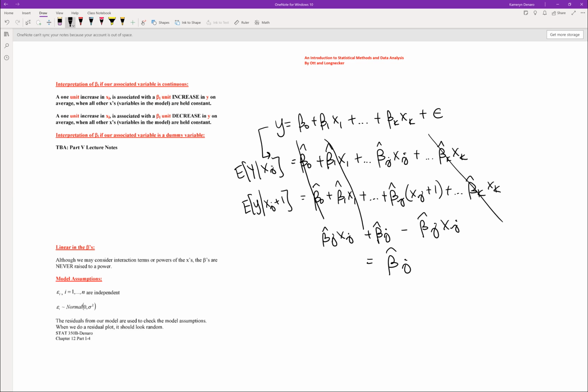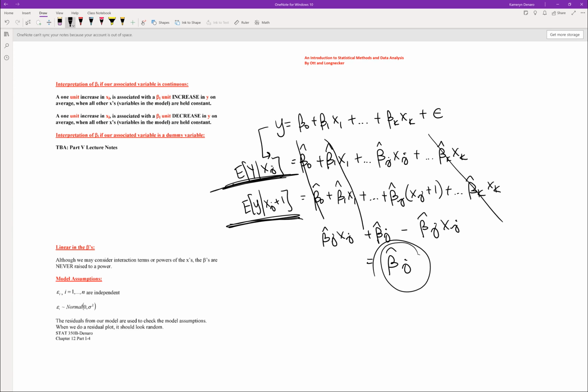All right. So this helps us with our interpretation because we can see that the difference between our prediction when we have xj versus our prediction when we increase xj by 1, that difference is going to equal the slope. Another way to put it is that a 1 unit increase in xj is associated with a beta hat j unit increase in y on average when all other x's in the model are held constant.